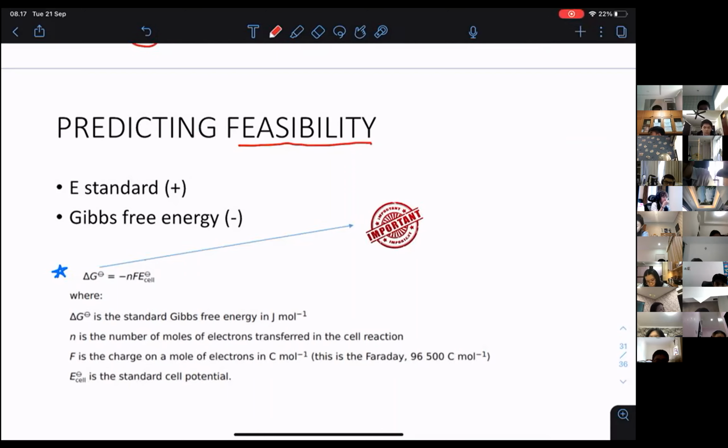But we have learned under entropy, if you want to predict feasibility, your Gibbs free energy must be negative. And then we have different conditions depending on the temperature and so on. So Gibbs free energy, if you remember this, Mr. Gopi is not so hot.